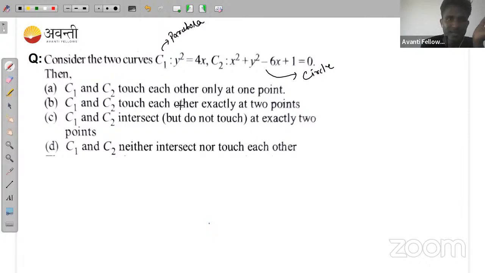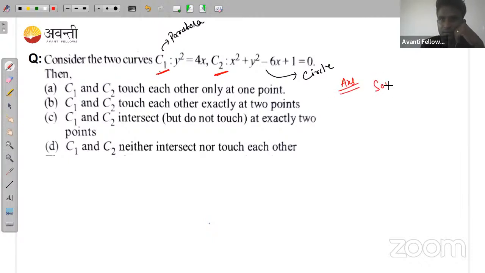And so basically, in order to have this clarity, we need to solve this, because first we have to find the point of intersection, whether they are intersecting or not. If they are not intersecting, then we'll think about it. Okay, so let's solve C1 and C2 simultaneously.